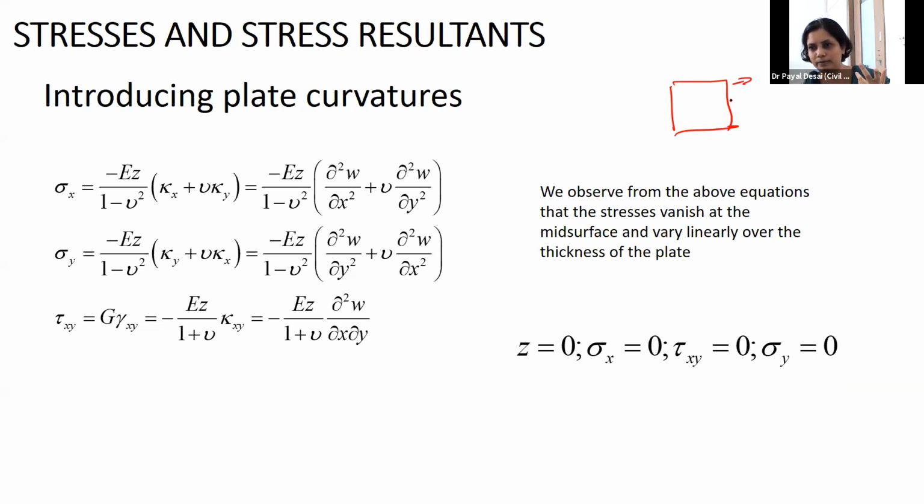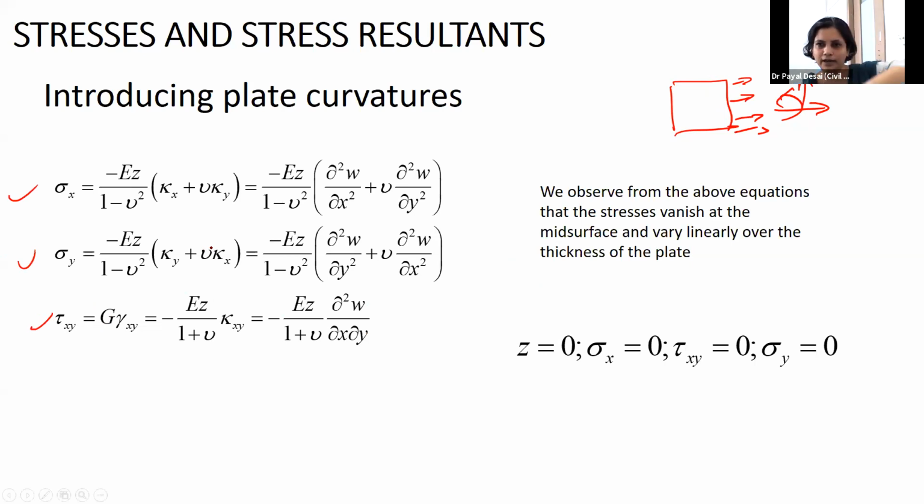What is the purpose of replacing the stresses in the form of an equivalent moment or equivalent force, maybe axial force or vertical force? Those are called stress resultants. They result from sigma x, sigma y, tau xy, which are the stresses. One is shear, these two are normal in the case of plate.